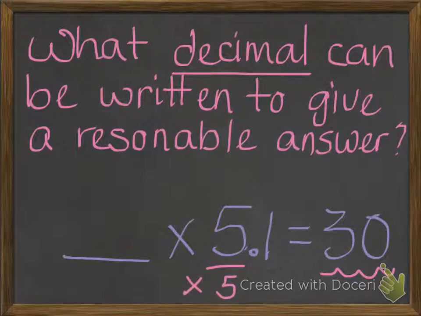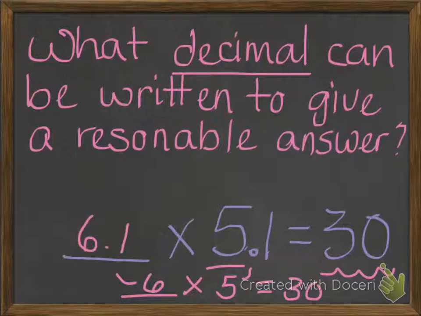So think in your head, what times 5 equals 30? Hopefully you know that 6 times 5 equals 30. 5.1 is super close to 5, so what other factor would be super close to 6? Maybe 6.1? Is that a reasonable answer? Yes, it is, because it's super close to 6, and 5.1 is very close to 5, and I know that 6 times 5 equals 30. So possibly 6.1 times 5.1 equals 30. It's a reasonable guess.